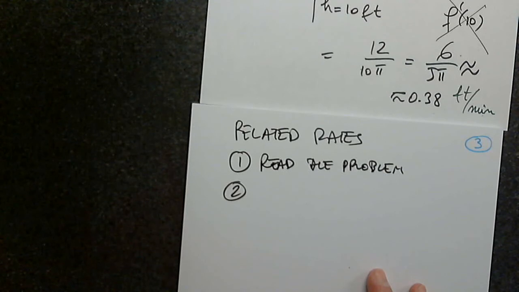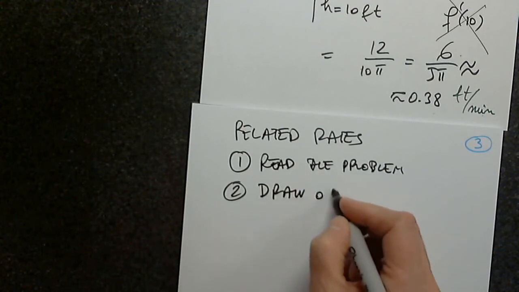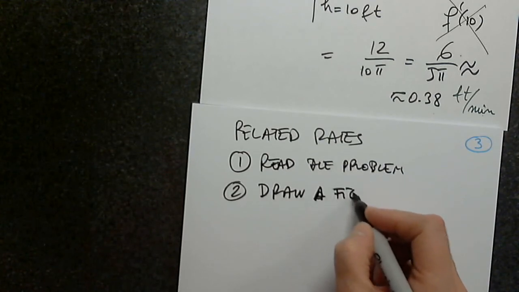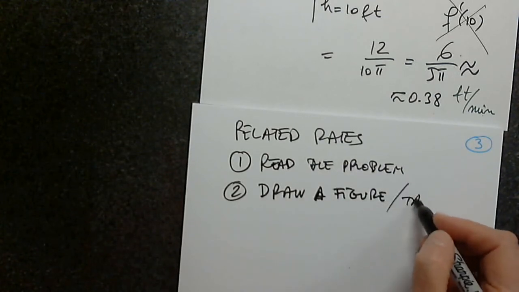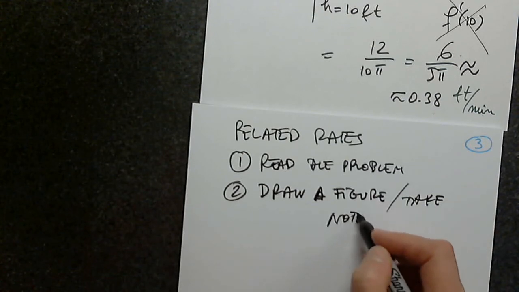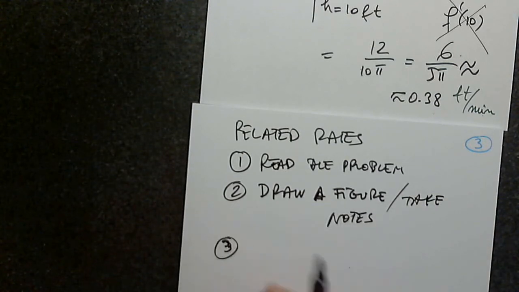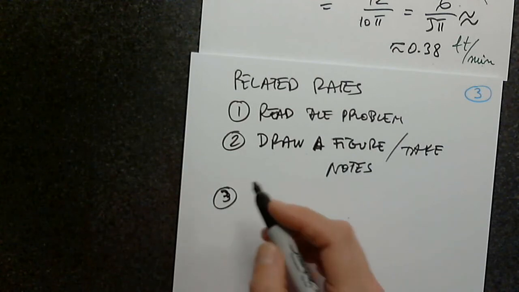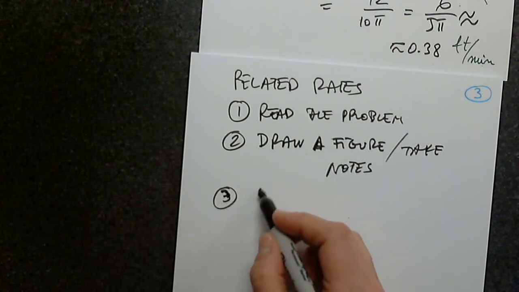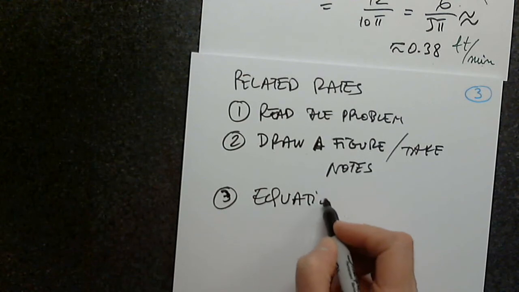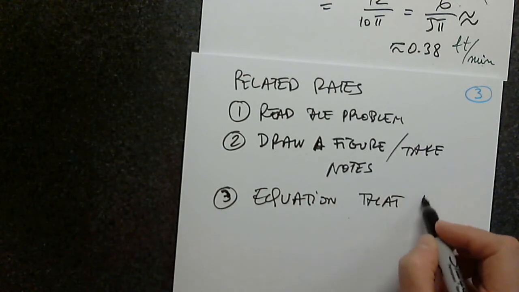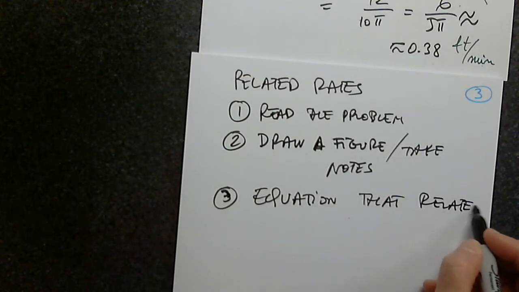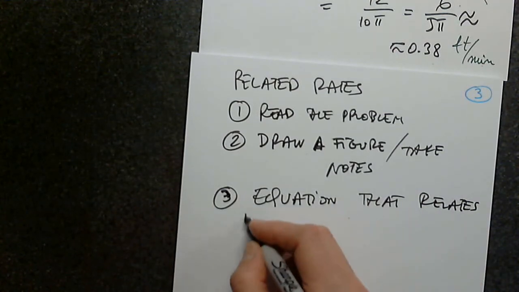Draw a figure, a measurement unit, etc. I may even, after that, go back and make sure that I didn't miss anything and read it again. And then I try to find an equation that relates the functions in the problem.